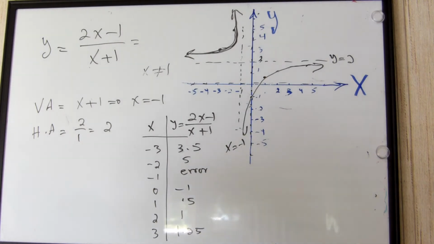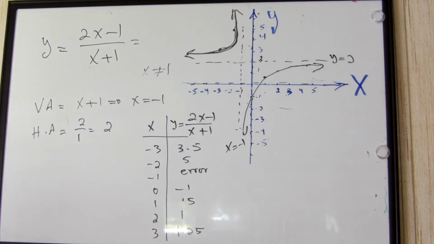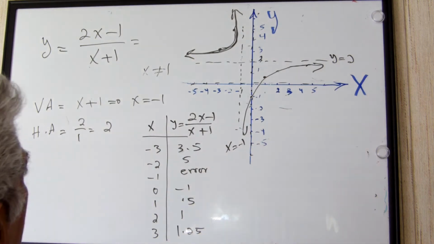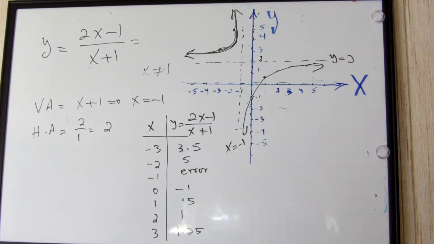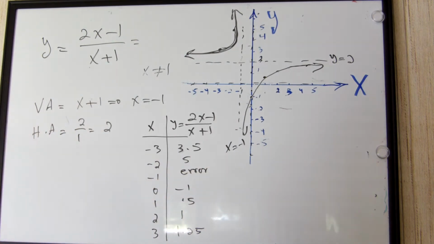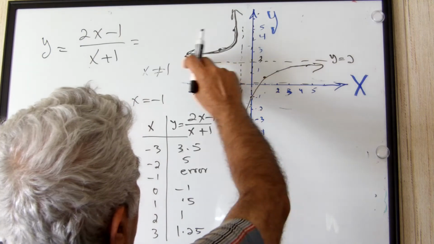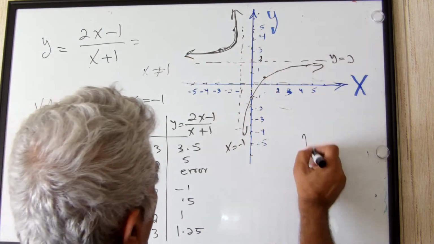For some functions it depends where the points are, and sometimes you don't have a horizontal asymptote, like 1 over x.